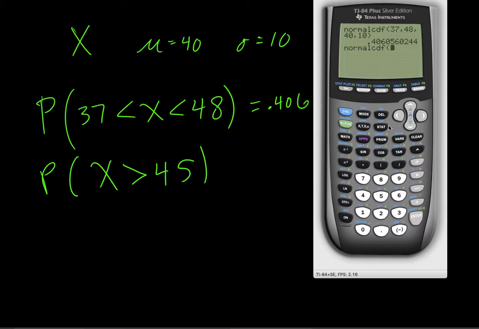Okay, so when we're greater than 45, our lower bound is going to be 45. And then we just want to put in a really big number. So I just do a bunch of 9s. That's like infinity, in a practical sense. And then we just plug in our mean and our standard deviation. And we get 0.309.